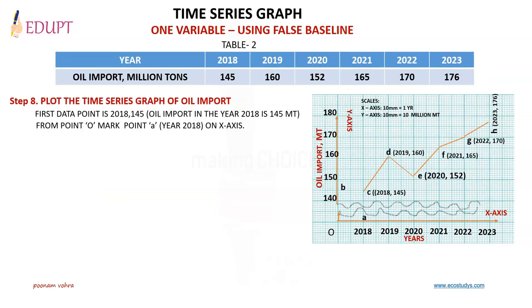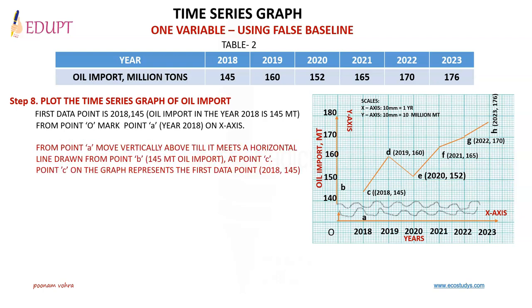After that, you need to plot the time series graph, but for plotting, one has to take care that here false baseline will be used simply because the minimum value which is shown for 2018 is 145 million tons, which is very far from zero, because thereafter it is 160, 152 and so on.